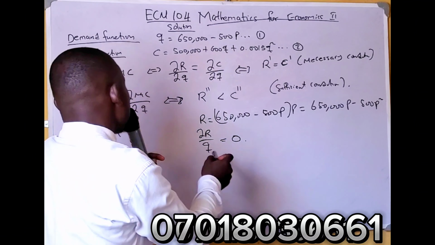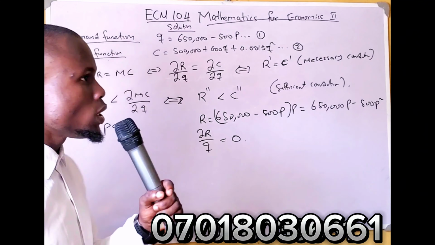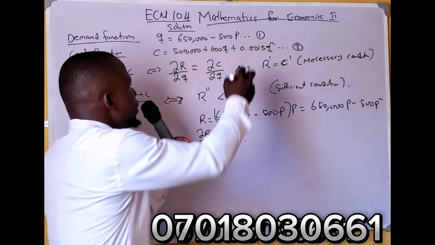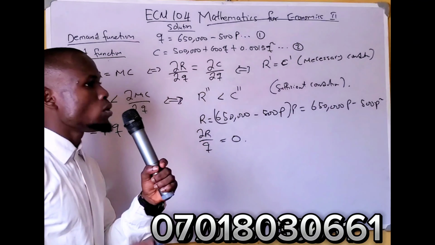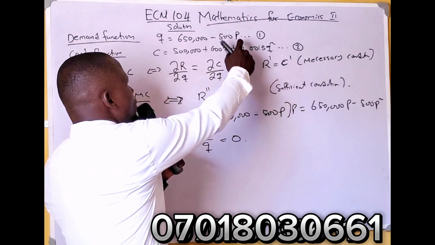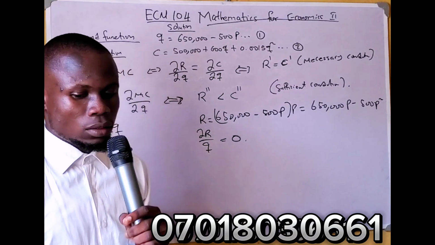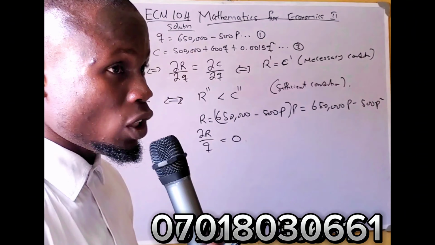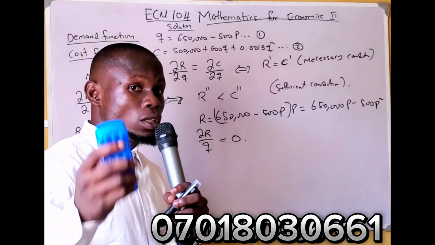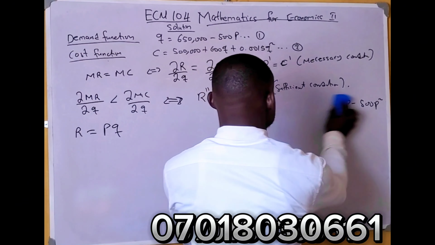We cannot take this function here and just multiply it by P. So in that case, the first thing we are going to do with this equation 1 is solve for P. We have to make P the subject of the formula so that the function can be expressed in terms of Q. And this is what I'm saying.